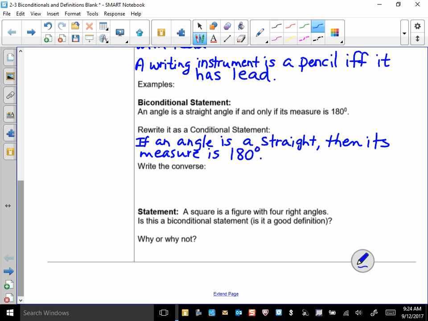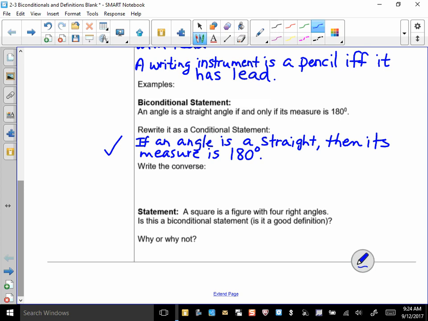That's definitely true, right? But remember, we have to be able to say it the other way. The converse has to be true in order for this to be a biconditional. So the converse would say, if an angle's measure is 180 degrees, then it is a straight angle. So that is a good definition, and that is a biconditional.